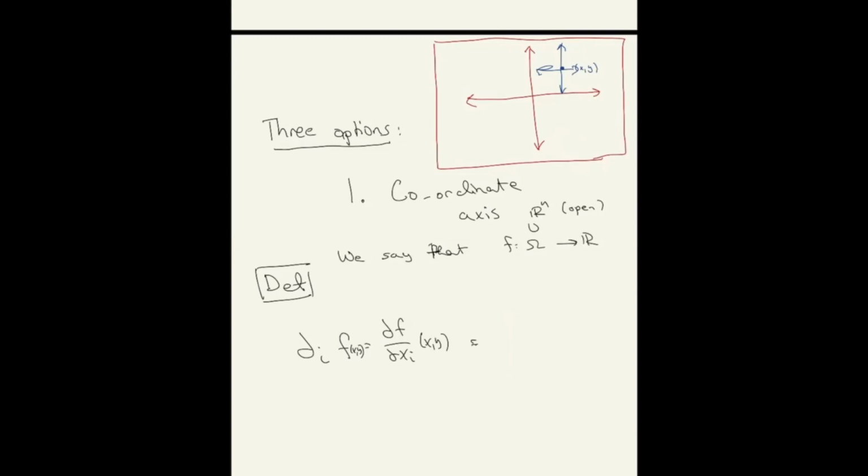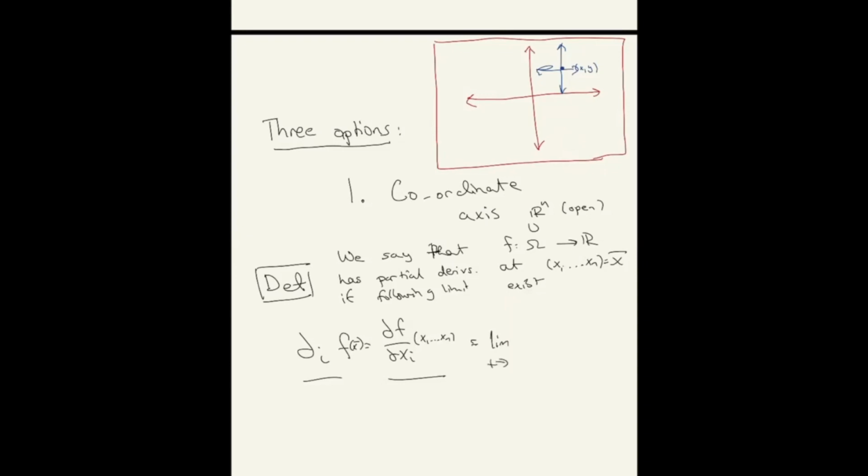So this function has partial derivatives at a point x, and we want to talk about this in n dimensions, so x1 through xn. Abbreviate that point as x bar. If the following limit exists, and this is just notation that we will use.